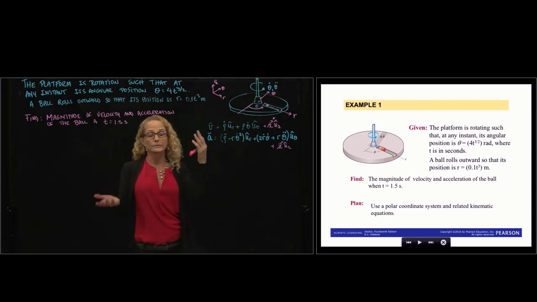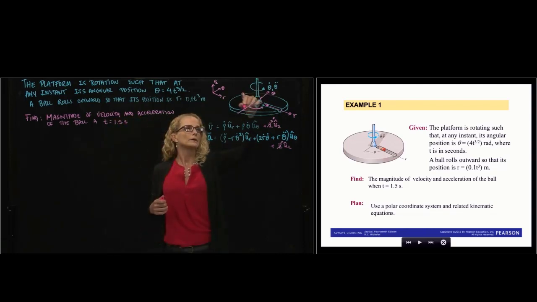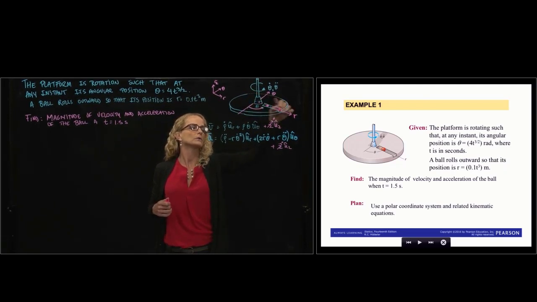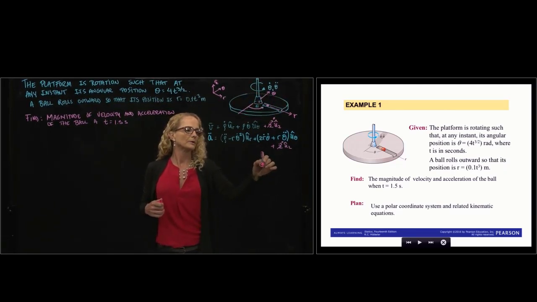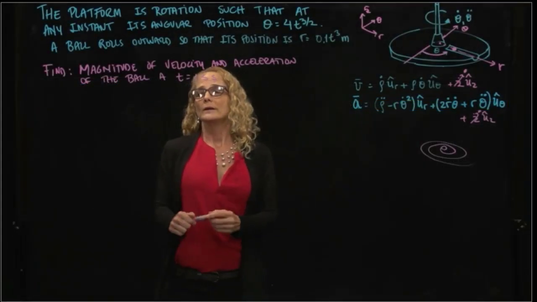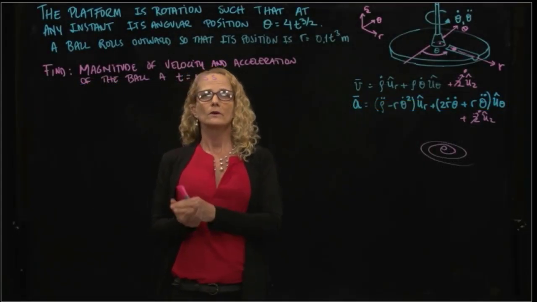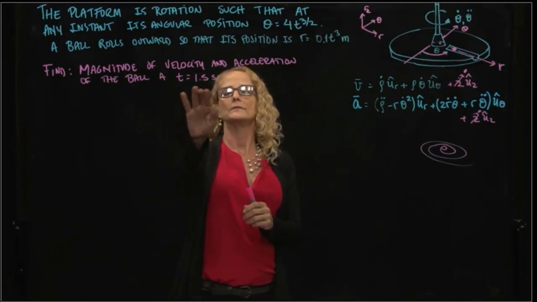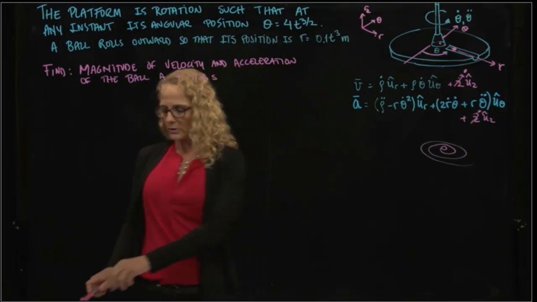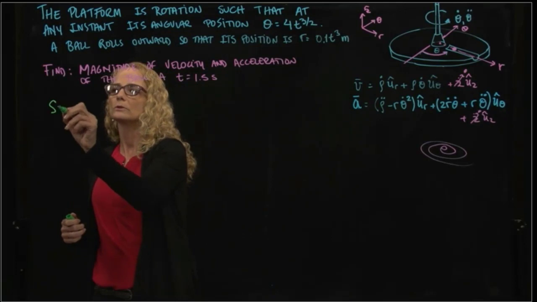If we look at the trajectory, the ball is moving around the platform, and it's going outwards. So it will be like a spiral, so to say, something like that. And we are asked to find the magnitude of the velocity and the acceleration for a specific time. So let's write here the solution.